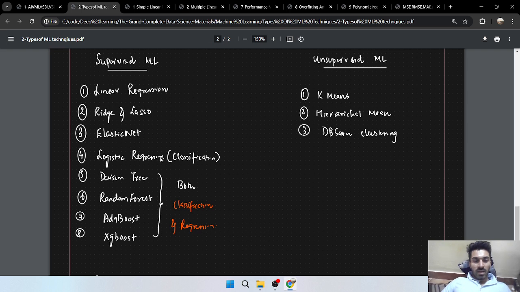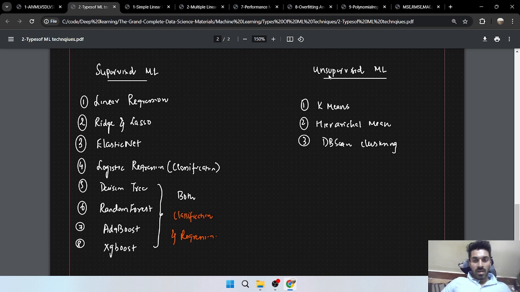And elastic net, logistic regression, decision tree, random forest, AdaBoost, XGBoost. Linear regression is for regression, and logistic regression is for classification.